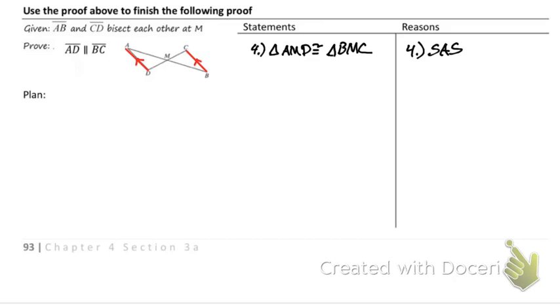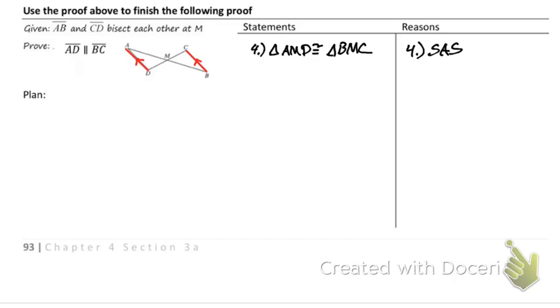Can anyone see a pair of alternate interior angles that would connect those two things? Aryan? Angle MAD and angle BC. Yeah, CBM. Gotcha. So CBM and MAD, I'm just going to call them A and B, because there's no mix-up. Our hope is we can prove those two things are congruent, right? So let's just put that in our plan.